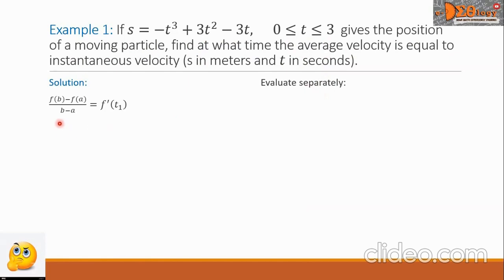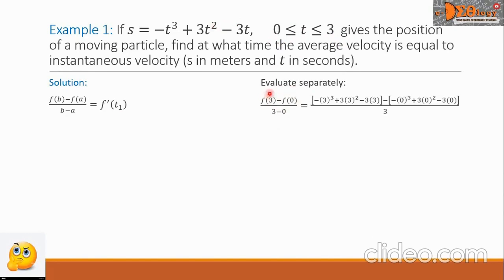Starting from the left side, the values for a and b are required. Our a and b are the endpoints of the closed interval. The 3 here is the b, and 0 is the a. So for the left side, we will write now f of 3 minus f of 0 all over 3 minus 0. In our numerator, we will evaluate our function here with respect to 3 and 0 respectively.